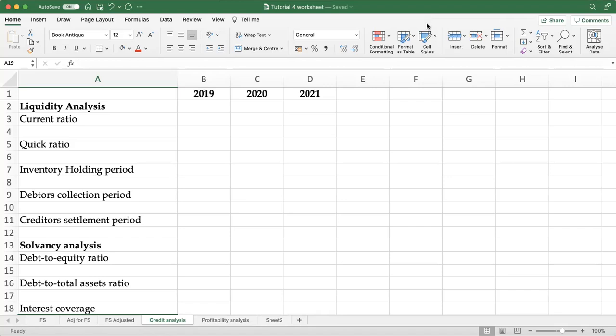Creditworthiness means how far the company has been able to pay liabilities. Right. So you try to prepare a report, because that report writing skill is needed.